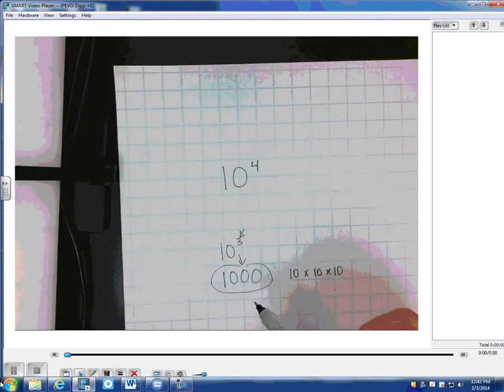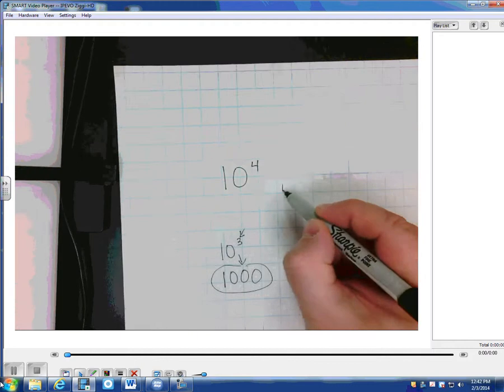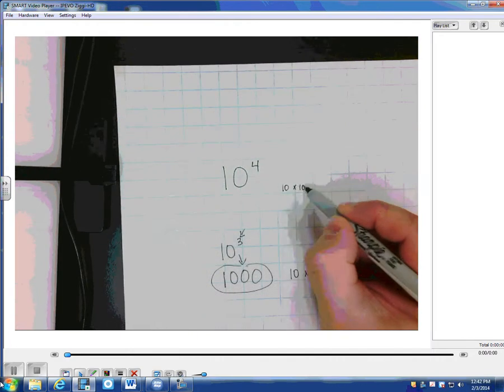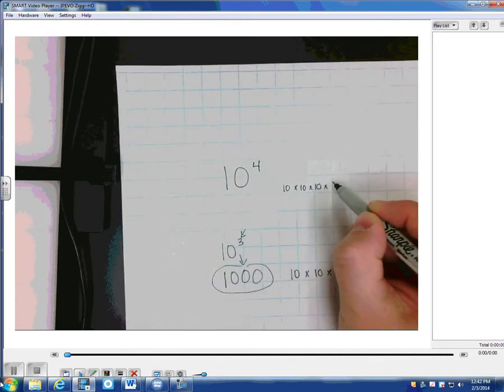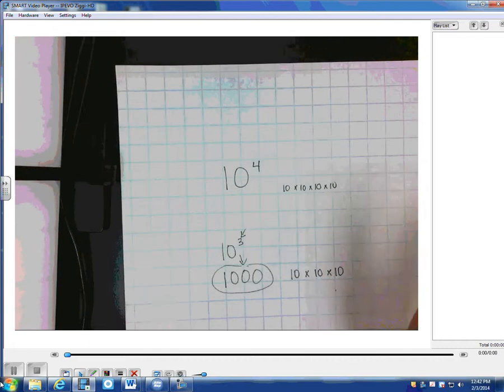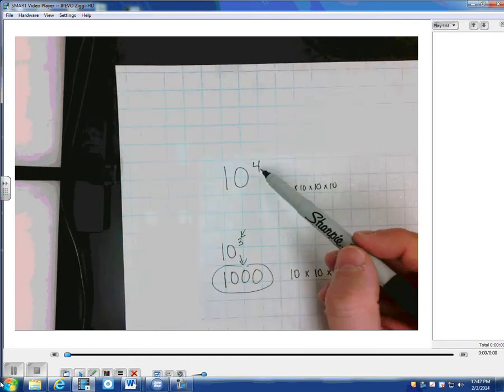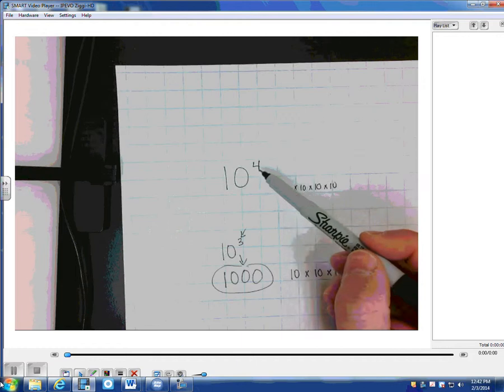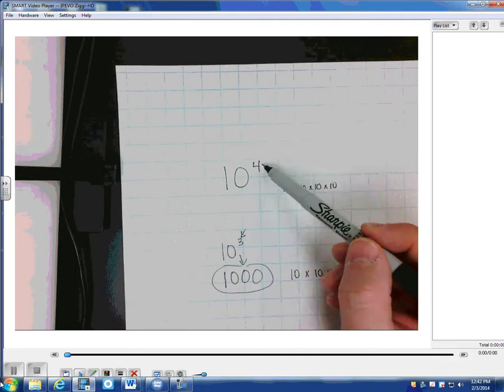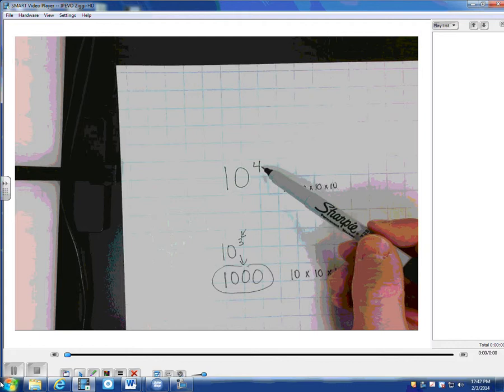It's the same thing as saying 10 times 10 times 10 times 10. So instead of doing all that math, we could make it really simple based on the simple rule that the number of zeros is the same as the exponent. One more example.